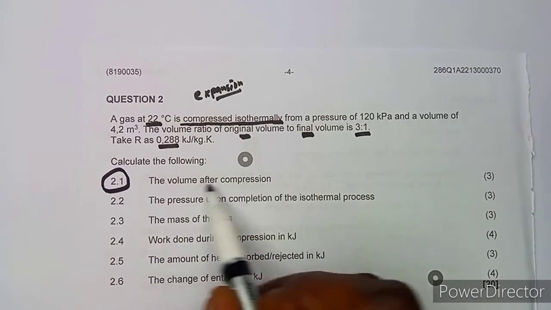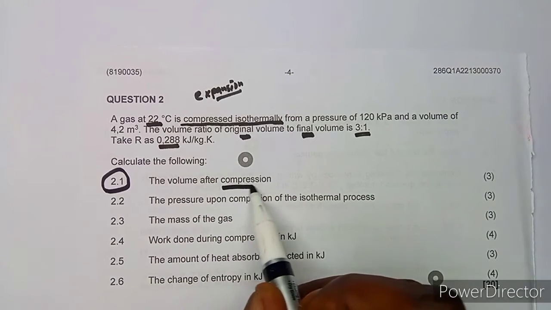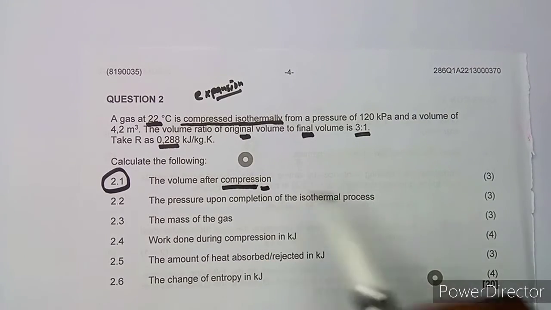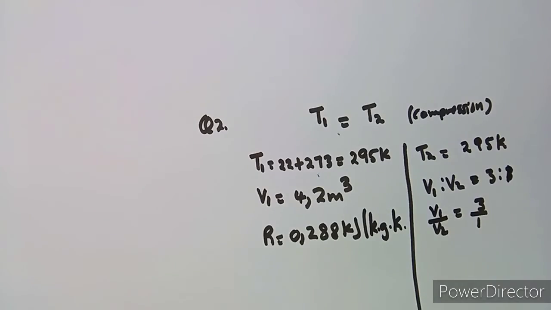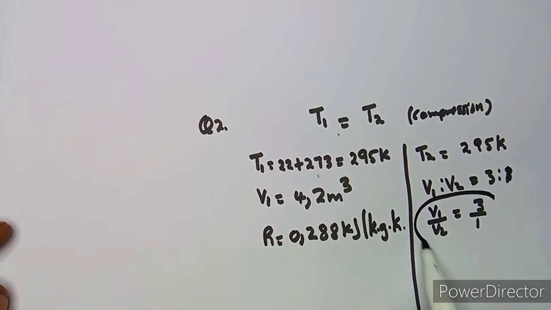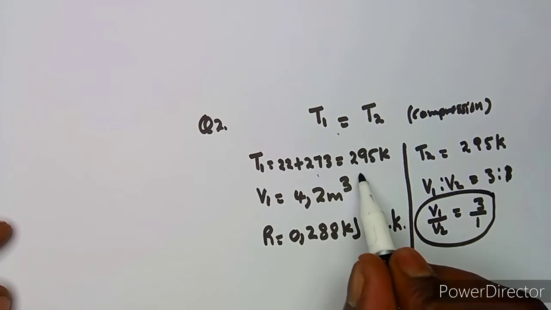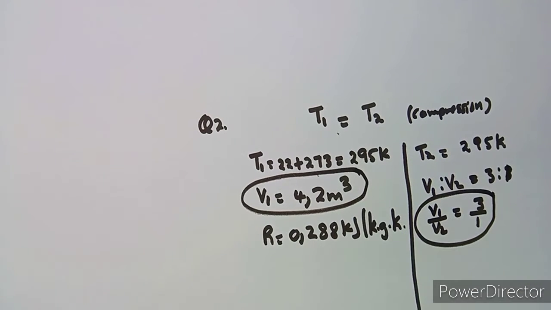2.1 is to calculate the volume after compression. Remember, it's compression. After compression, what is the volume? That is our V2. It was not difficult, because we are given the ratio between V1 and V2, and we are given V1. So we are just going to play around with our formulas.